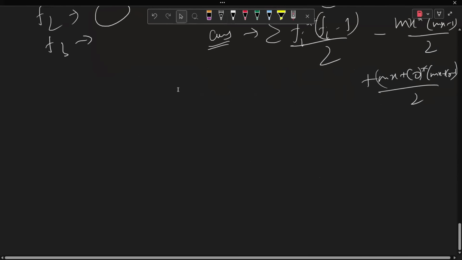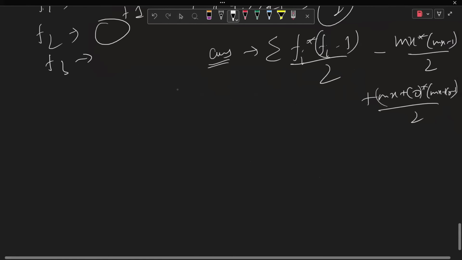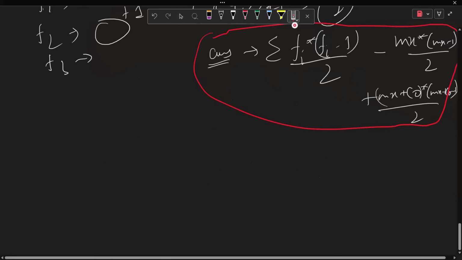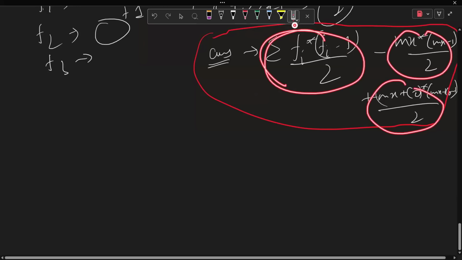Sorry. So this was the formula to calculate your final answer. If you look at the previous problem, for every frequency, just sum up this thing, subtract the maximum frequency and add the maximum plus frequency of 0 to this.